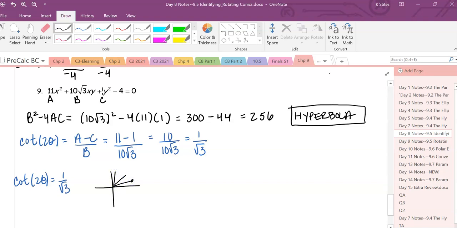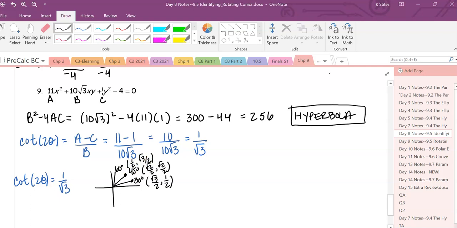At 30 degrees, or pi over 6, you should know that we have root 3 over 2, comma 1/2. At 45 degrees, we just did that, root 2 over 2, root 2 over 2. And at 60 degrees, 1/2, root 3 over 2.